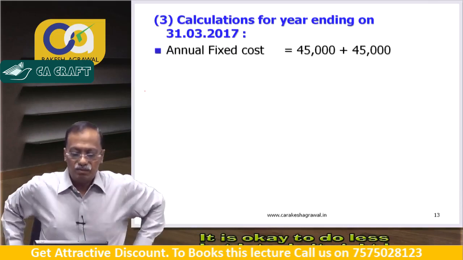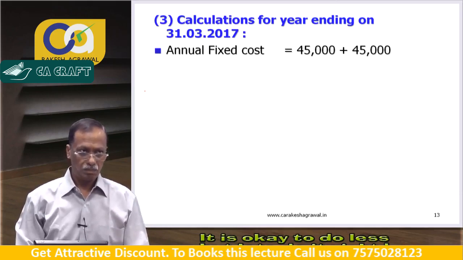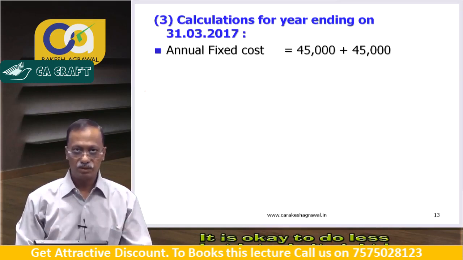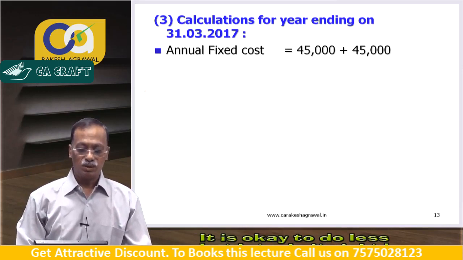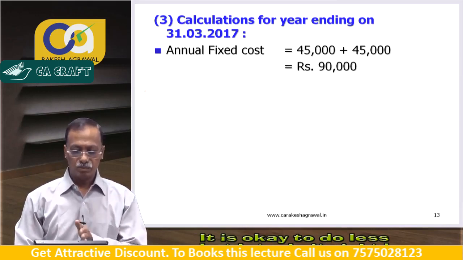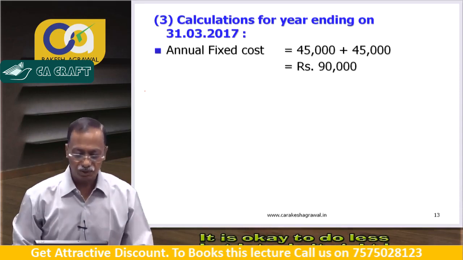That is annual fixed cost is equal to 45,000 for first half, 45,000 for second half. So it will become rupees 90,000. So 45,000 plus 45,000 is rupees 90,000 is annual fixed cost.